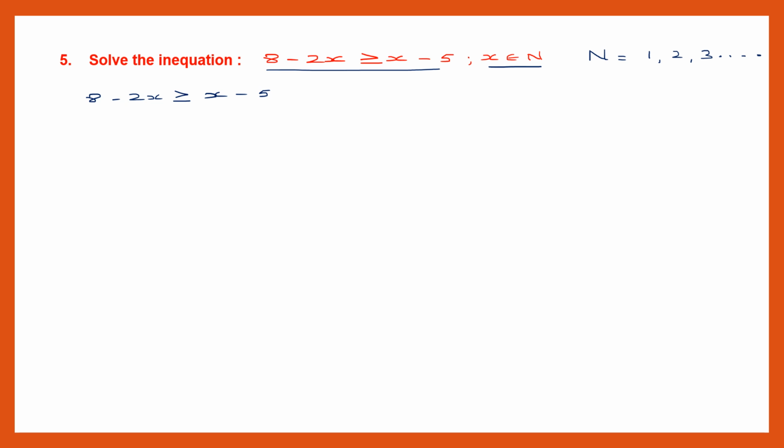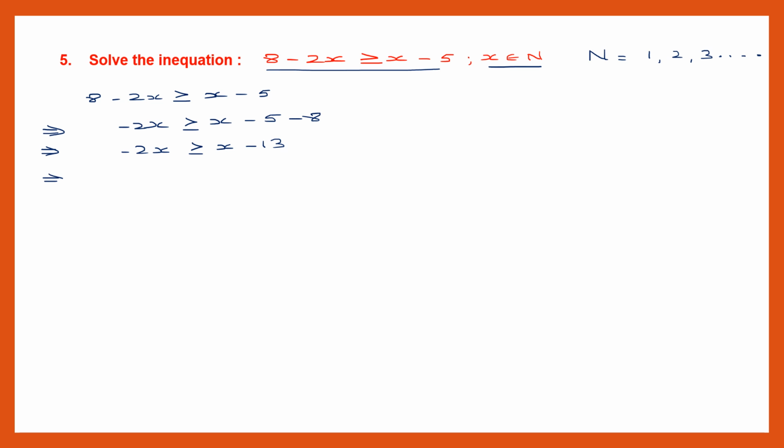First, we're going to remove the 8 from here and put it on the other side. So that becomes minus 2x is greater than or equal to x minus 5 minus 8. So this is minus 2x is greater than or equal to x minus 13.